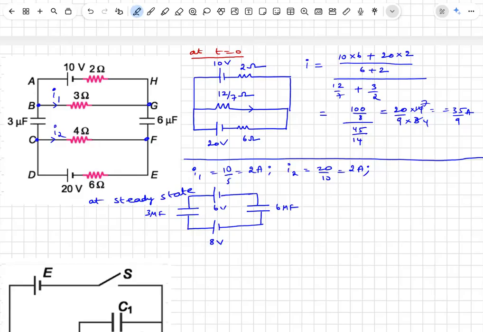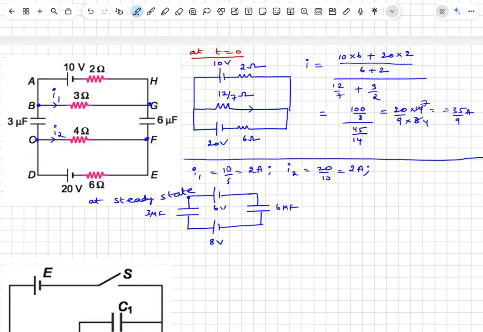See, steady state, just remove the capacitor. So across 3 ohm, the current is 2 amps, 6 volts is the consistent drop across BG. And across CF, consistently, the drop is 8 volts. That's what I have written. I replaced that part with batteries because that is a steady drop.